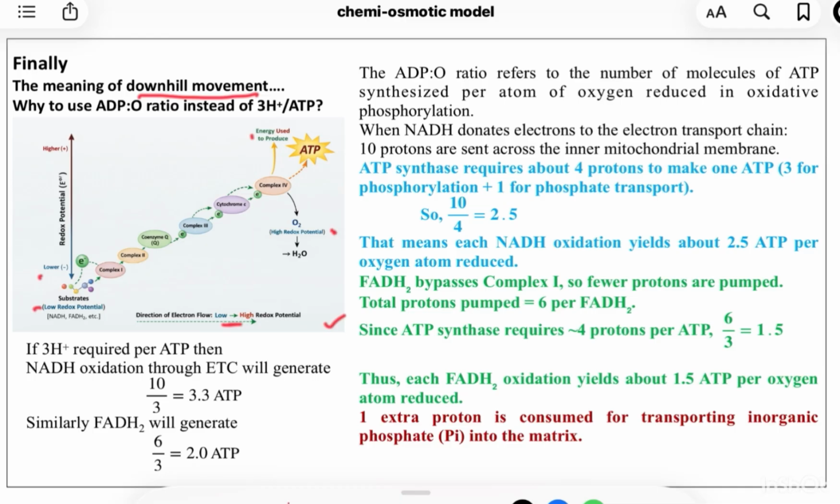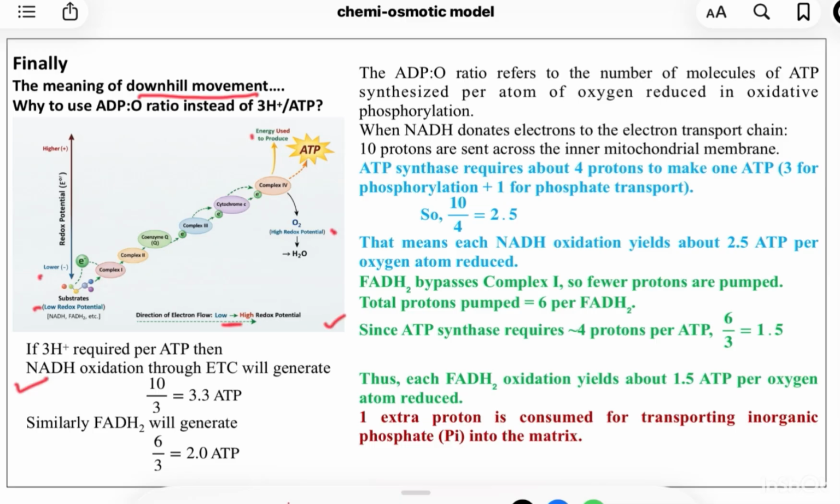Second question is, what is the total number of ATP generated by NADH and FADH2? The total count for NADH earlier was calculated based on the number of protons transported back to the matrix per ATP.